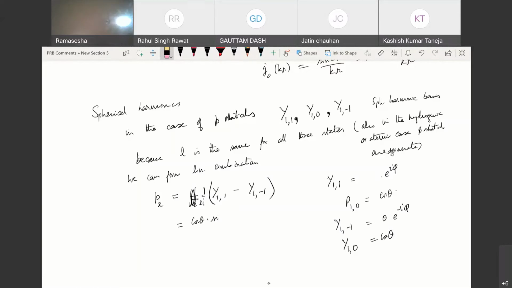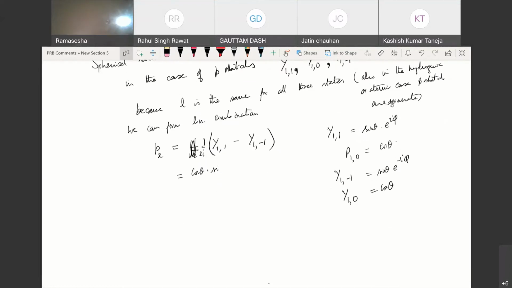So Y_1^0 is, because I take p_1 differential the function.